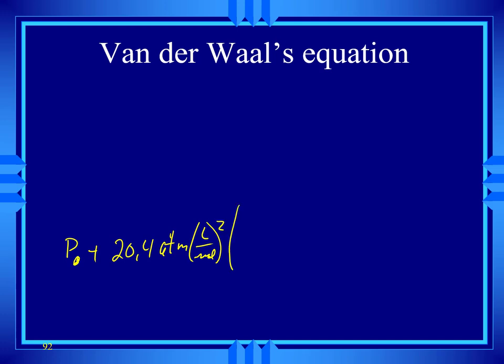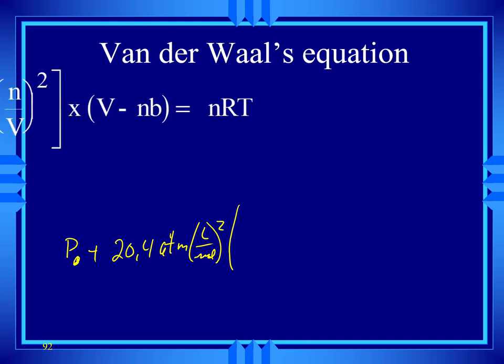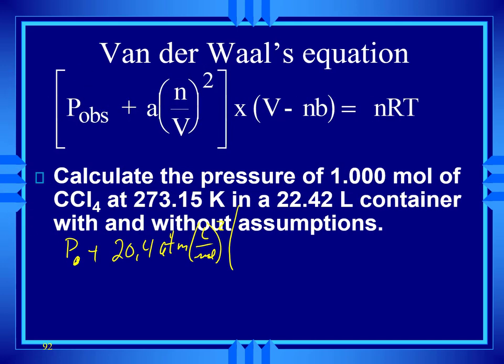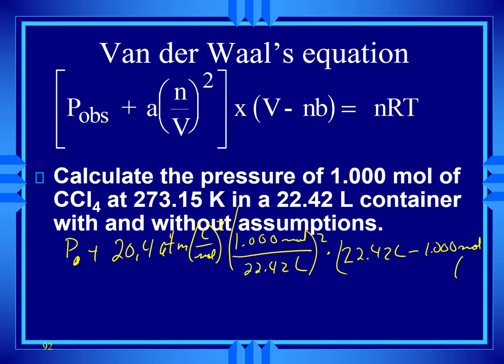And I'm going to multiply that by, oops, let's get the question back up, n, 1.000 moles, over V, 22.42 liters, and all that has to be squared, times V, 22.42 liters, minus n, 1.00 moles, times b.